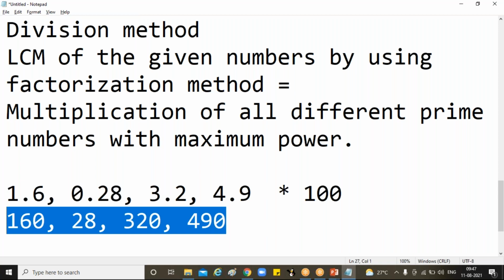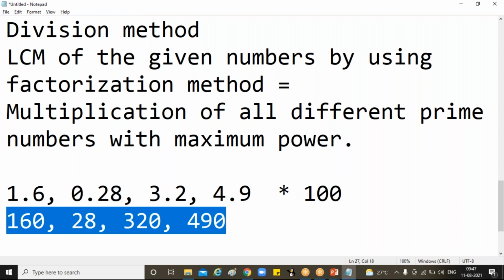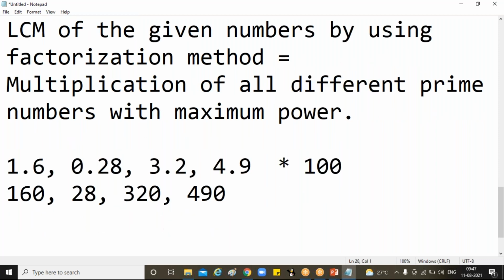Yes. Do you know how to find the LCM for the integers? I already told you 160 is a factor of 320. If you want to consider it, no problem. If you want to remove it, you can find the LCM for only three numbers.